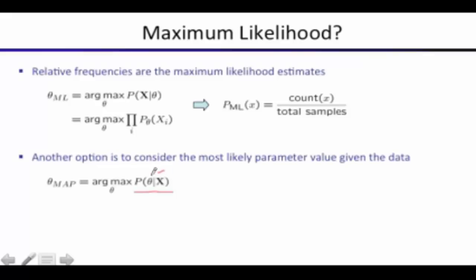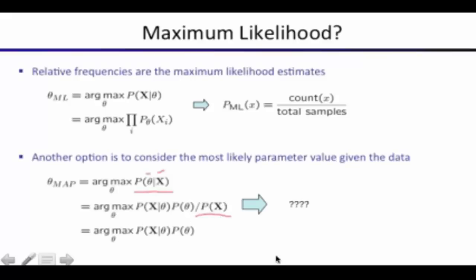You should condition on the data and figure out, given the data, what are the most likely model parameters. That works out to be just this by definition of Bayes' rule. And you can throw away this denominator, because if you're just trying to find the maximum value of this expression, it's a positive constant, so it doesn't change which one is the maximum.